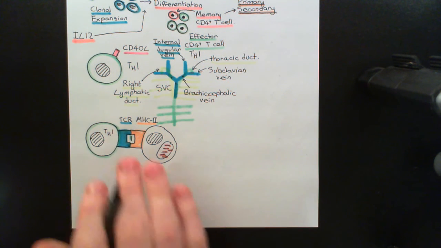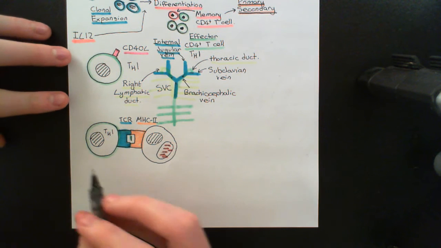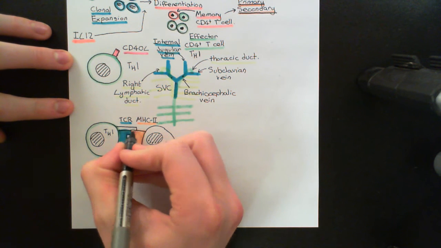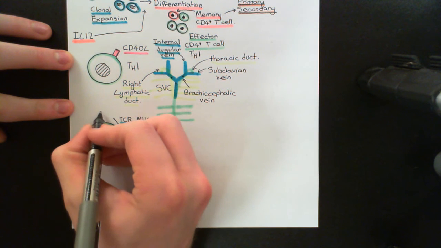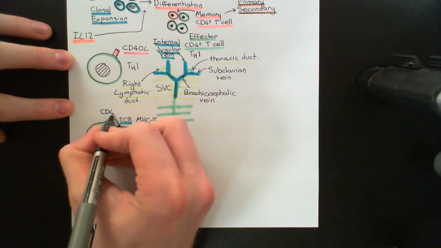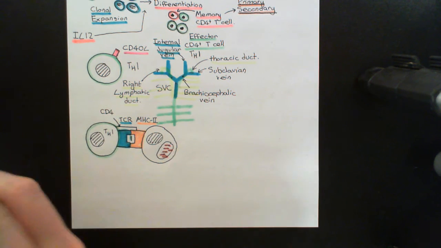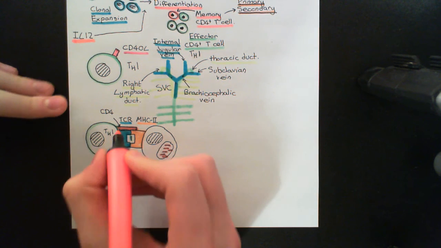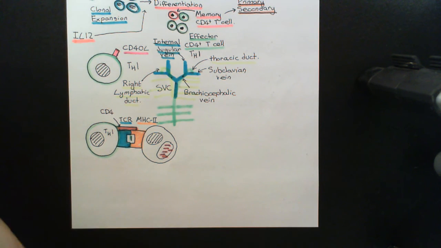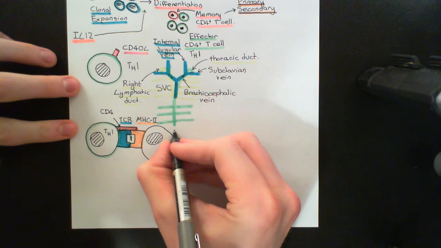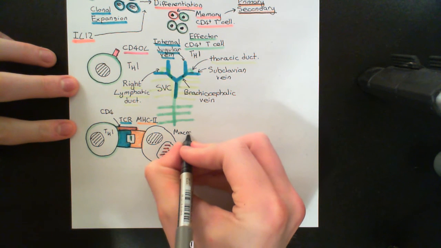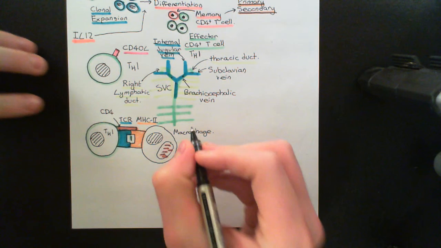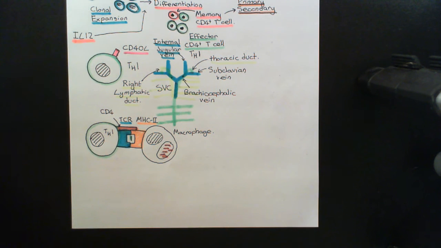Now, of course, that's not the only thing that will bind to the MHC class II. You'll also have the co-receptor on the surface of the T helper 1 cell binding as well, and of course that co-receptor is CD4 protein. So I'll colour the CD4 protein in red. So we've formed this nice immune synapse between the T helper 1 cell and the macrophage that is struggling to break down these Mycobacterium tuberculosis cells inside its phagosome.